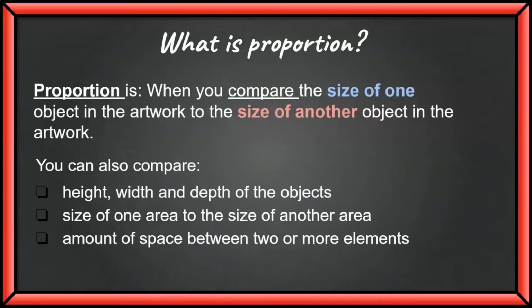And you can compare the amount of space between 2 or more elements. So if you were to draw a picture of your hand and you left way too much space in between your fingers, it would be out of proportion and not look realistic.